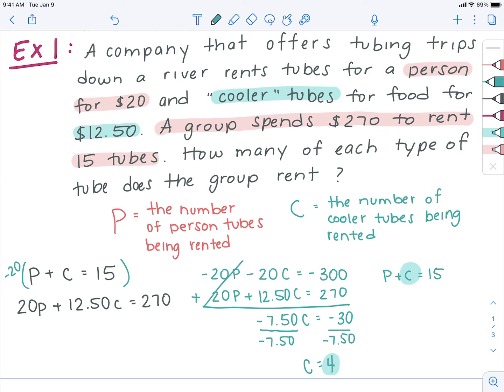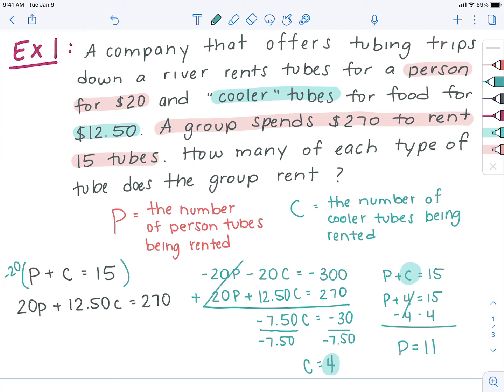So I really have P plus 4 equals 15. And then in order to get P all by itself, I just have to subtract 4 on both sides. So I get P equals 11. So I bought 11 person tubes and 4 cooler tubes.